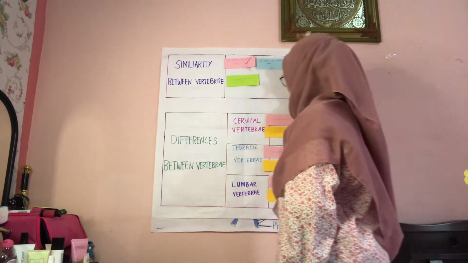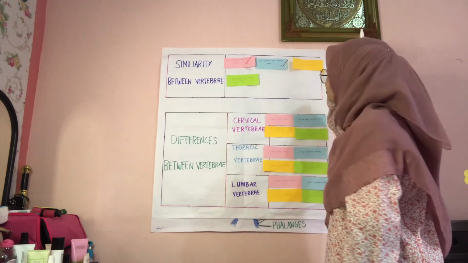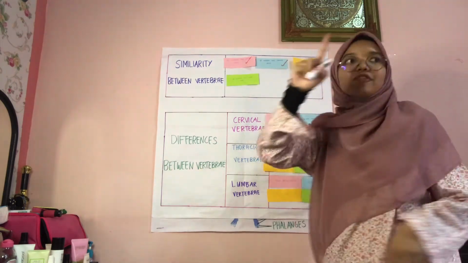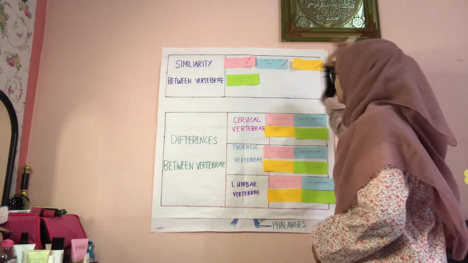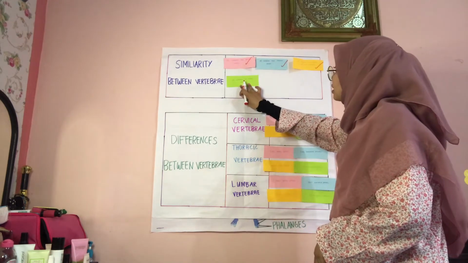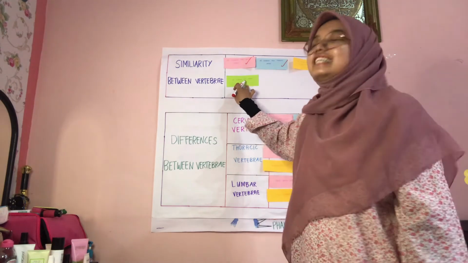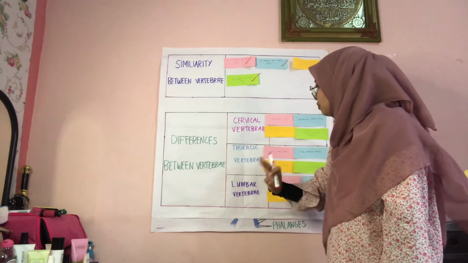That's correct. All vertebrae have transverse process. That's correct also. All vertebrae has centrum, except for atlas vertebrae. Okay, that's correct. All vertebrae have neural canal. Is it true all vertebrae have neural canal? Yes, that's correct.